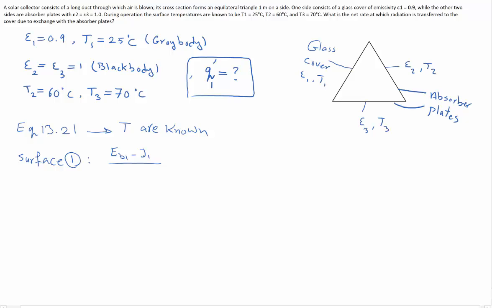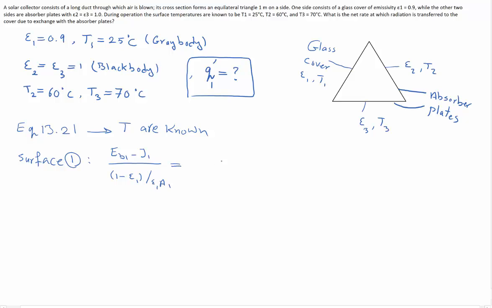J1 is the radiosity, the total radiation that is seen from the surface, either through reflection or through emission. On the denominator, we have the resistance, so (1 minus epsilon 1) over (epsilon 1 A1).